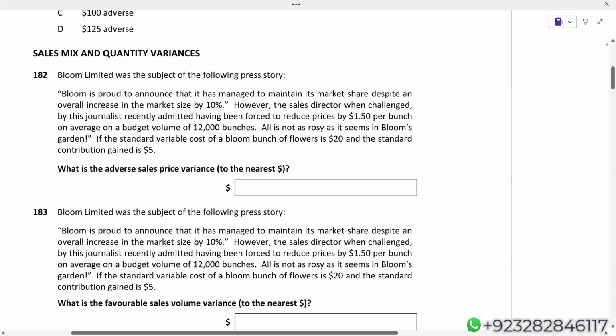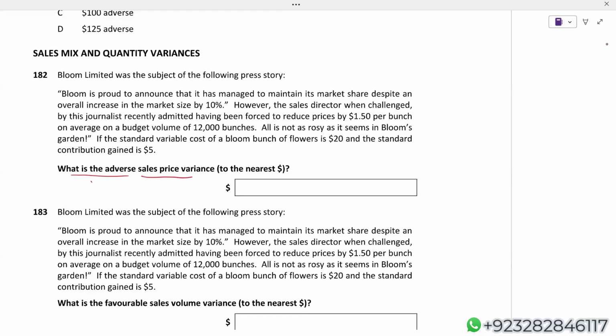Let's see question 182. Requirement is, what is the adverse sales price variance? So it is categorically mentioned that variance is going to be adverse. They are asking us to calculate the amount of that.